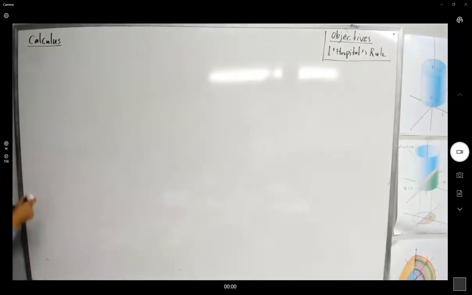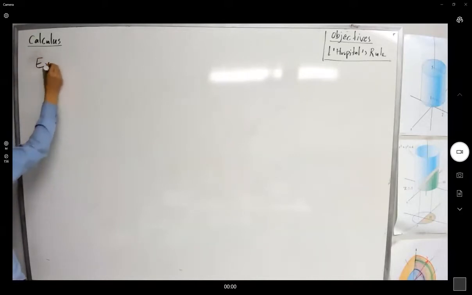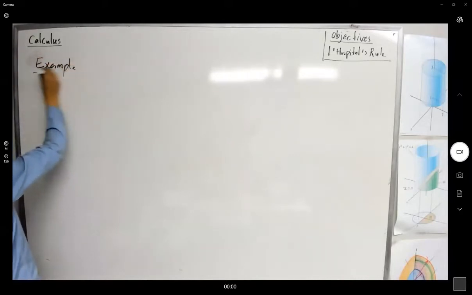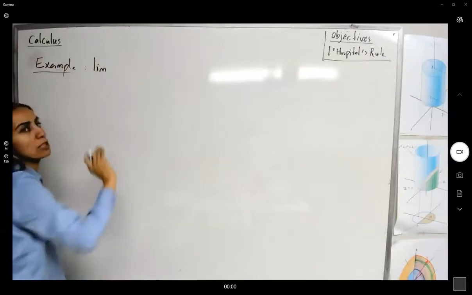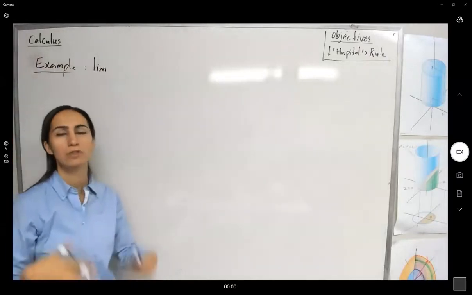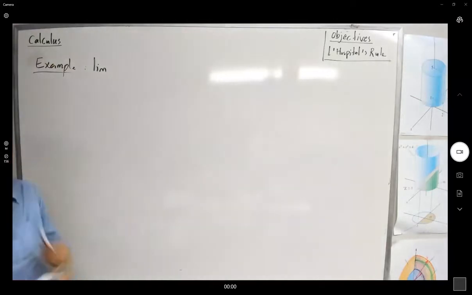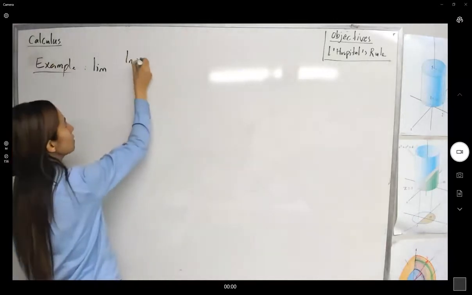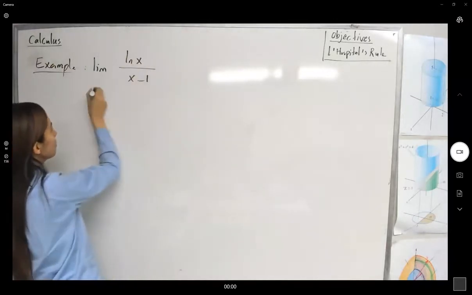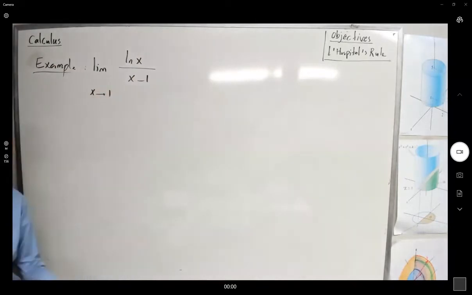So our very first example says, hey guys, take the limit of this rational function. What is the limit? I'm not asking to find the derivative. I'm asking to find the limit. Find the limit of ln of x divided by x minus 1 as x goes to 1.